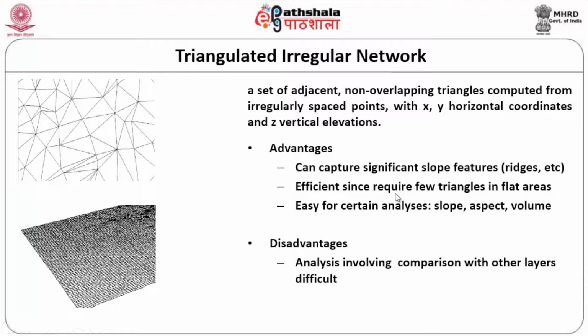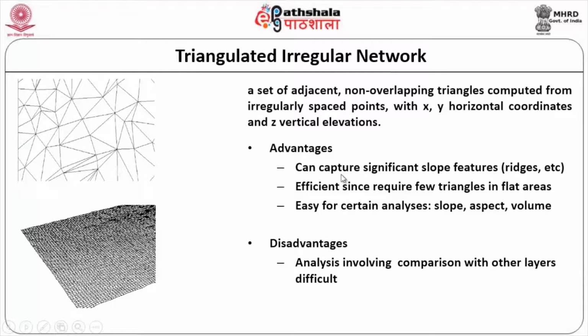It is efficient since we can use a smaller number of triangles in flat terrains. As I already told you, for kinds of analysis like slope, aspect and volume, we use this.